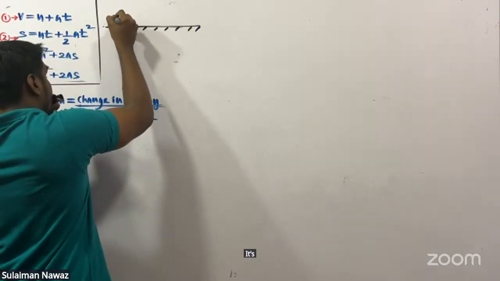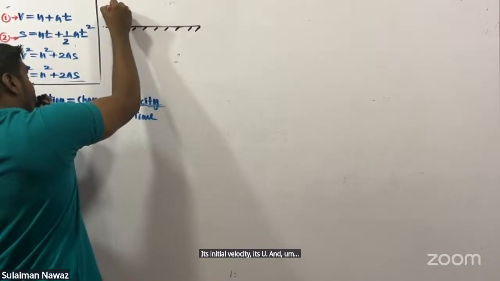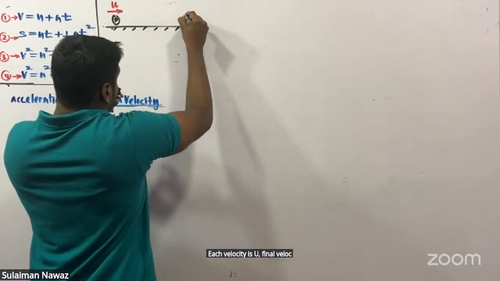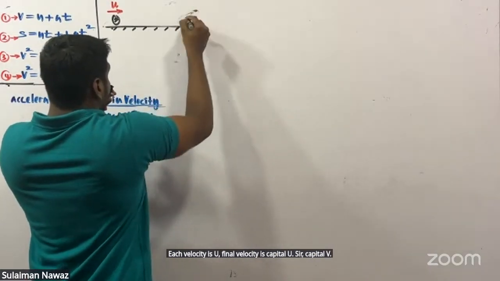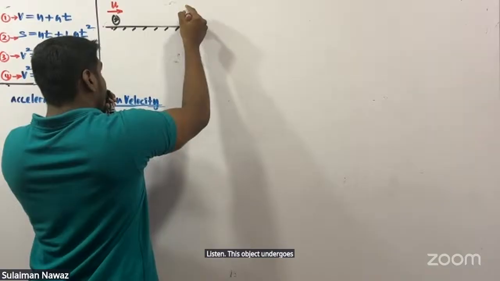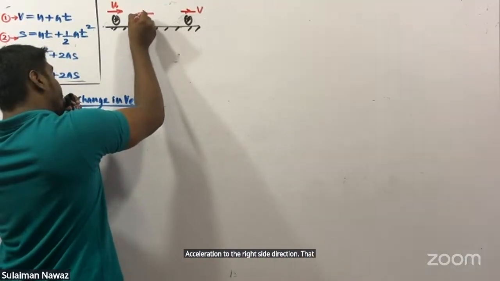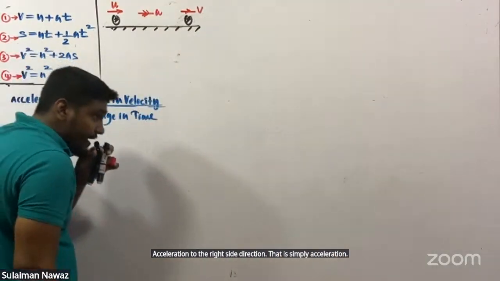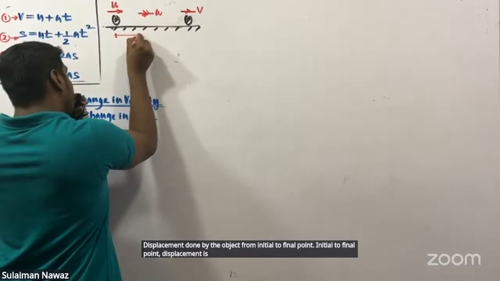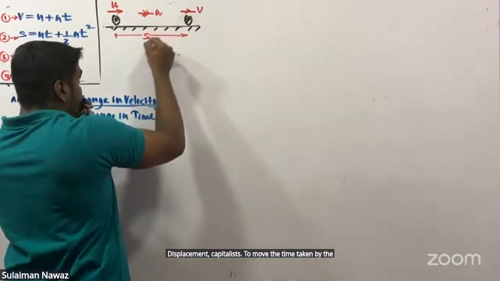Its initial velocity is U and the final velocity is going to be capital V. Listen, this object undergoes acceleration, with the right side direction, that is simply acceleration A. The displacement done by the object from the initial to the final point is capital S. The time taken by the object from here to here is simply t.